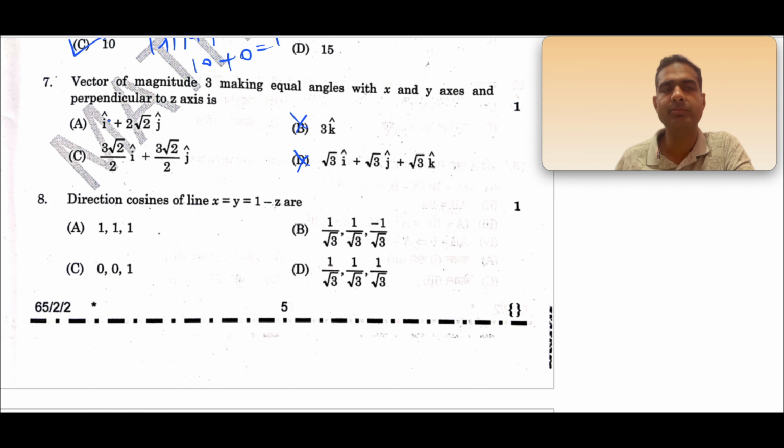If we find its magnitude, it will be 3, but in some options the coefficients of i and j are not equal, so they make different angles with the x and y axis. Option C will be our answer, because in this case the coefficients of i and j are equal, which means they make the same angle with the x and y axis.